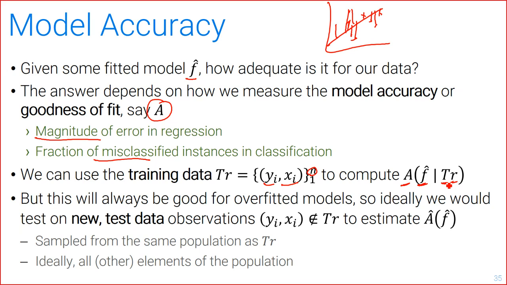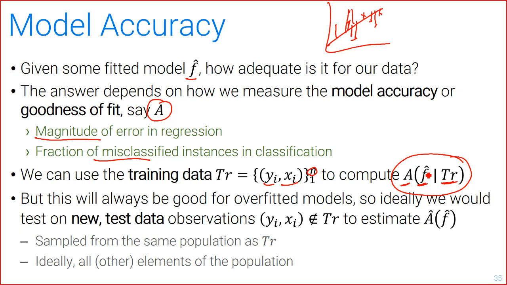We can always compute this. But what we see is that the model can be arbitrarily good. We can overfit the model. So this accuracy can get arbitrarily good in the training data. So it's not really a good measure of how well the model performs.